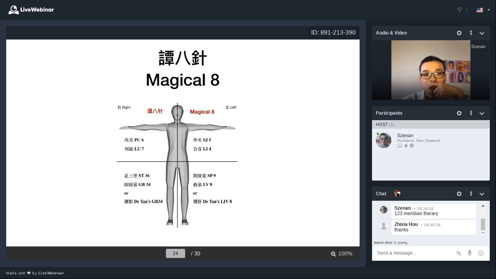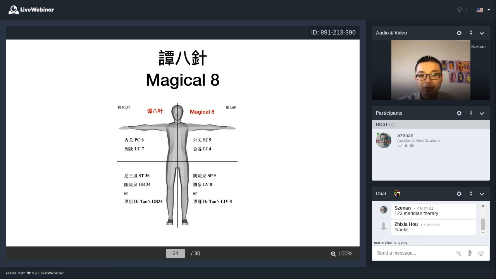On the left hand, Sanjiao 5, large intestine 4. On the opposite side of left hand, which is right foot, stomach 36, GB 34, right? So this is another strategy, very good for diarrhea.